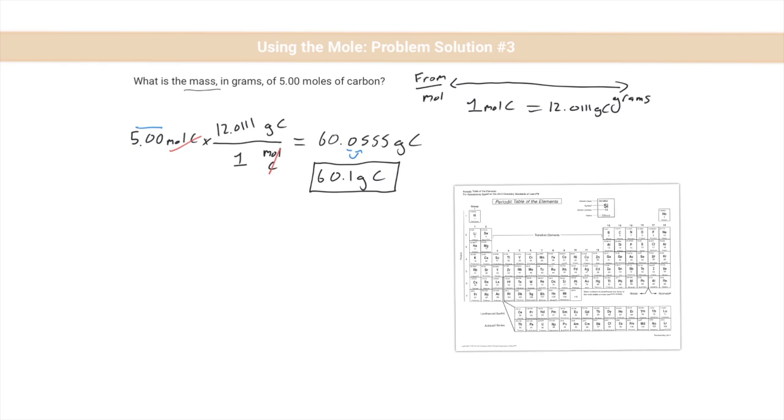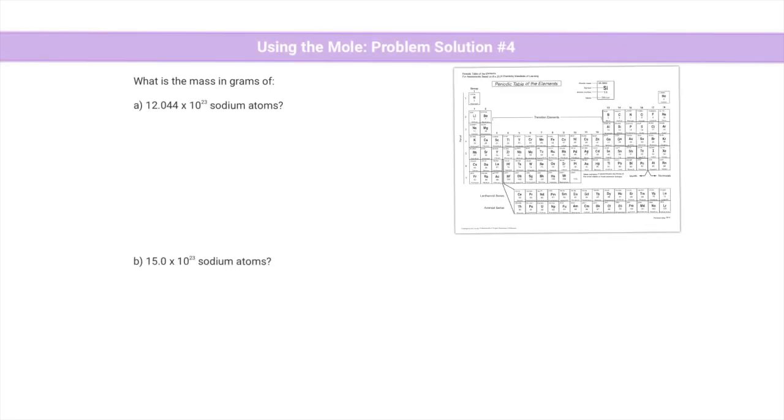Let's look at our final problem, which is actually 2 problems in 1. Again, you'll see our periodic table out. Here, we're asked about the mass in grams of 2 different quantities of sodium atoms. So, the setup for both of these is going to be the same.